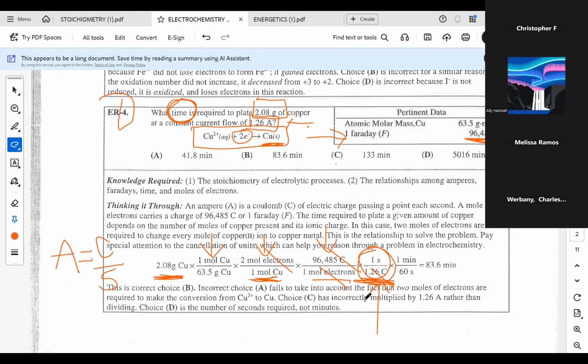We'll cancel out, so we'll end up dividing by 1.26 here. And now we're in a unit of time in seconds. This would not be given to you, but you should know that there are 60 seconds in a minute. If we have to convert to hours, then you would divide again by 60. So 83.6 minutes. If we wanted to get that to hours, we could.